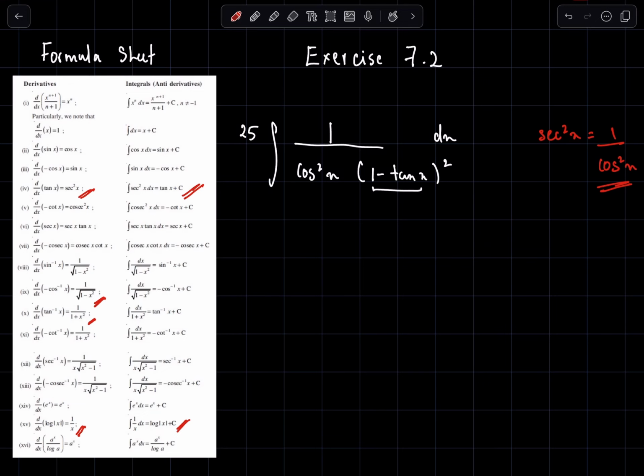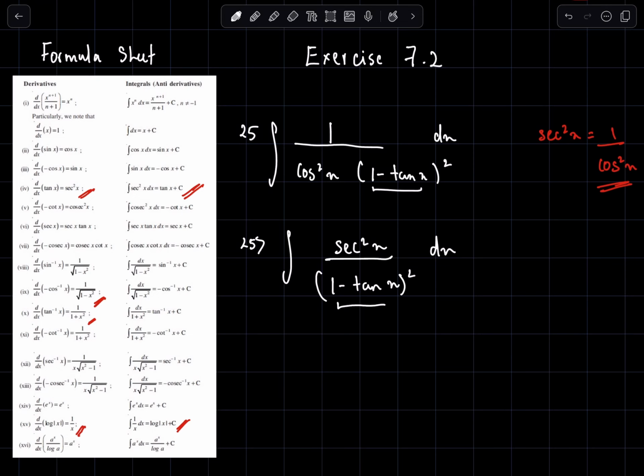Easy. 1 over cos square x is secant square x. This should be something you know by now, and if you didn't, now you know. So I can rewrite the question as the integral of secant square x divided by 1 minus tan x the whole square dx.